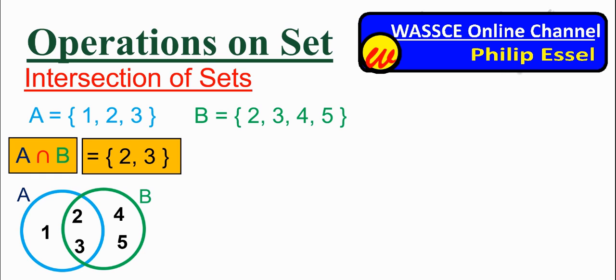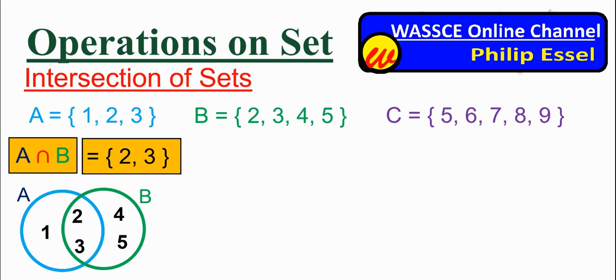So they interlocked as shown on the screen. Now, let's add the set C. Set C has the members 5, 6, 7, 8 and 9.